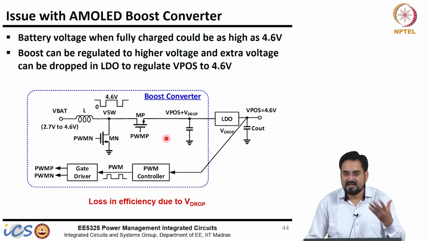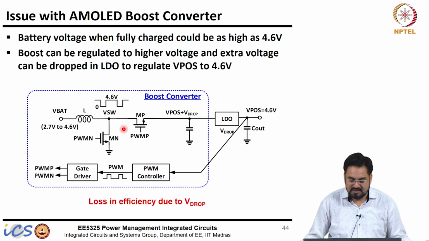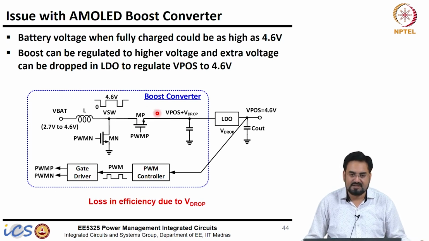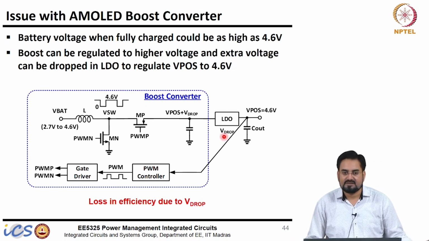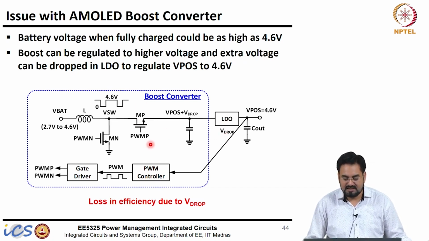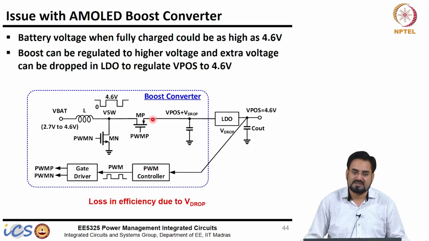It will basically enter non-synchronous mode and the drop will be more. So you are dropping voltage across that diode, and you get functionality similar to what you achieve with this LDO. Without adding this LDO, you can still regulate the output by entering non-synchronous mode and conducting the current through the body diode of this MOSFET.